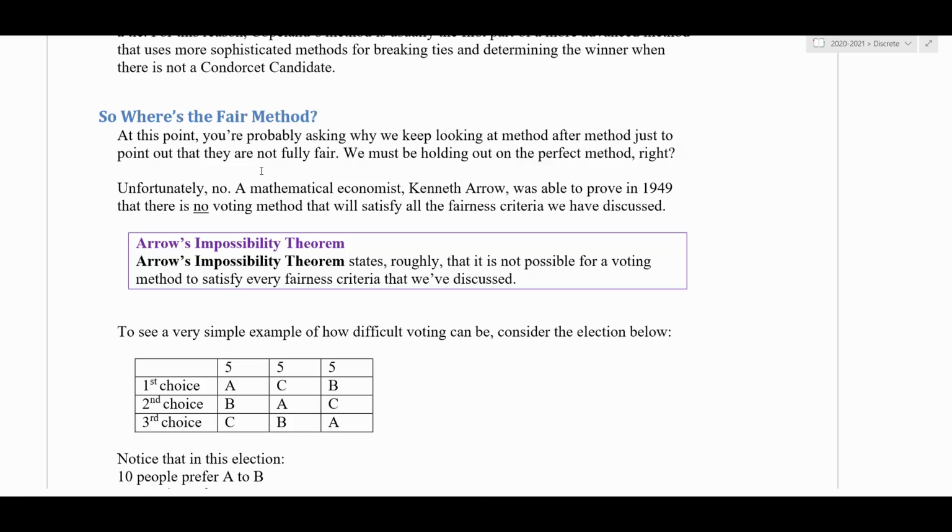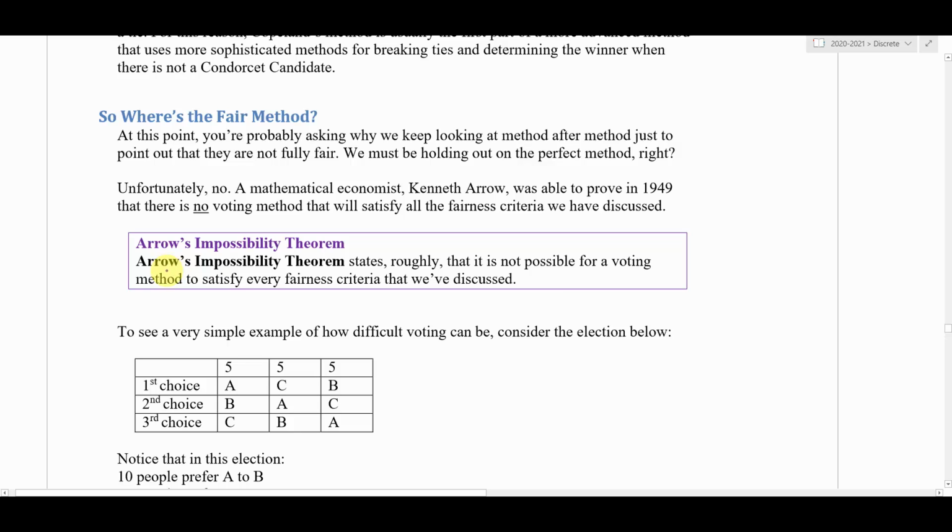There was a guy who actually mathematically proved that there will never be a voting system that is ever fair. There is no way to not violate any of the fairness criteria that we have discussed. This guy, Kenneth Arrow, proved this back in 1949, and it led us to his impossibility theorem, which states that it is not possible for a voting method to satisfy every fairness criterion.